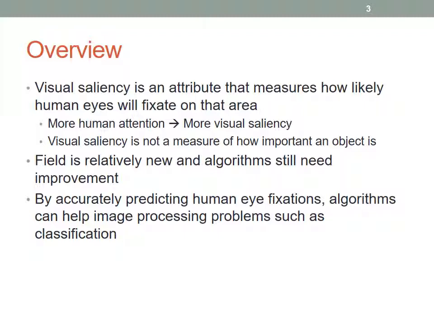I'll talk a bit more about this later on, but we're still working the base case of visual saliency, and there are much more advanced cases that we could start looking into. And like I said, it's been shown that classification algorithms get improved by using prediction of eye fixations to help with the classification problem.